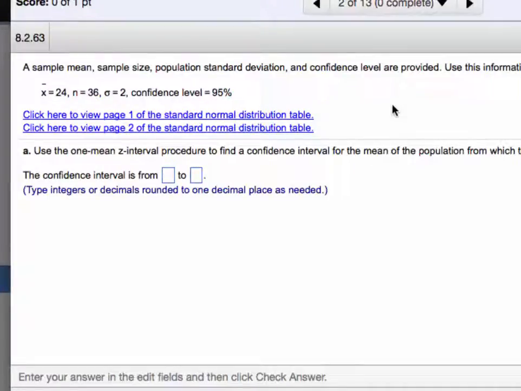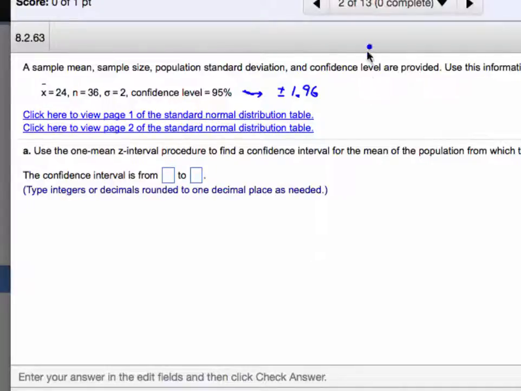And so what did we say the z-scores were for 95%? Plus or minus 1.96. But we're going to use the sampling distribution standard deviation. We're not going to use 2. We're going to use what?